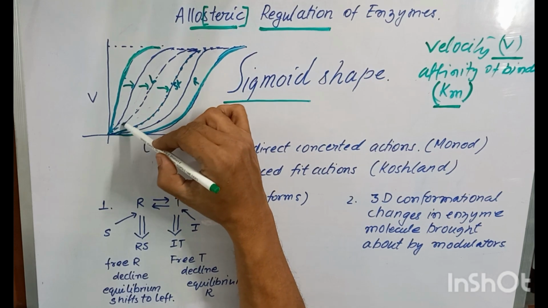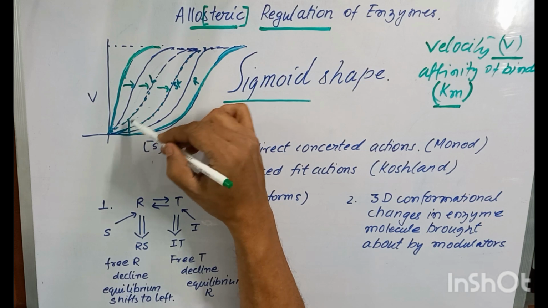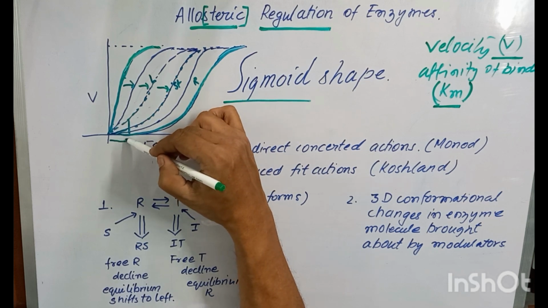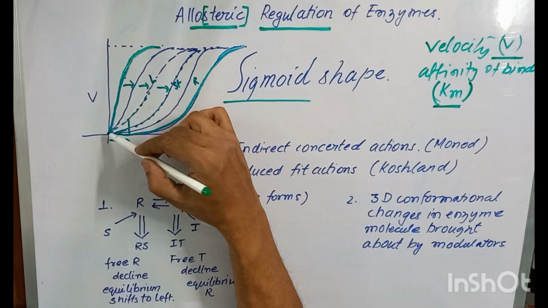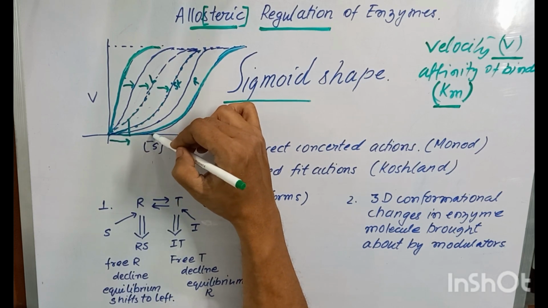Here in the left curve, you see the change in substrate concentration. Here the substrate concentration is 0. Here maybe it is say 2 millimole. Here it is say 4 millimole.